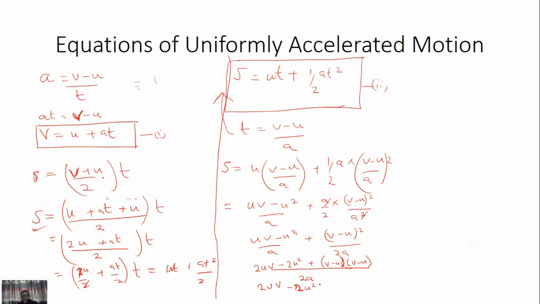Let's open this bracket. This will be plus v squared minus uv minus uv plus u squared, everything divided by 2a.